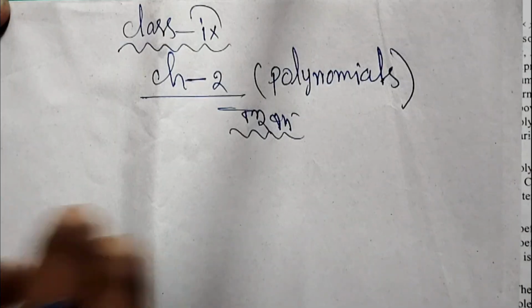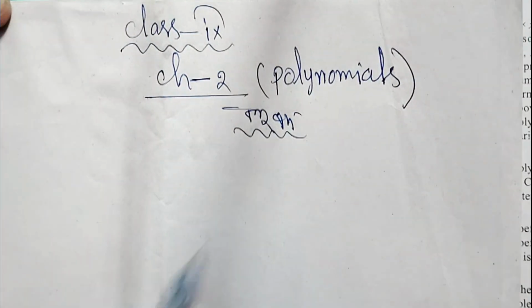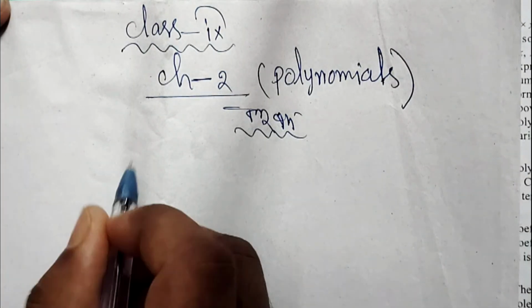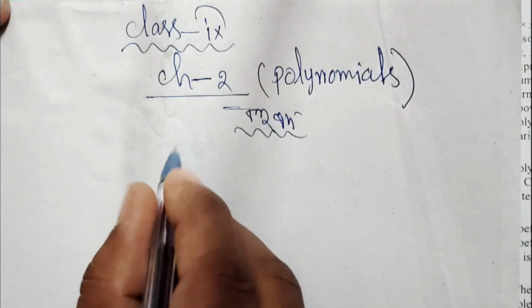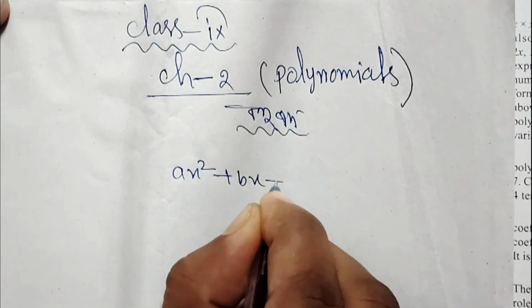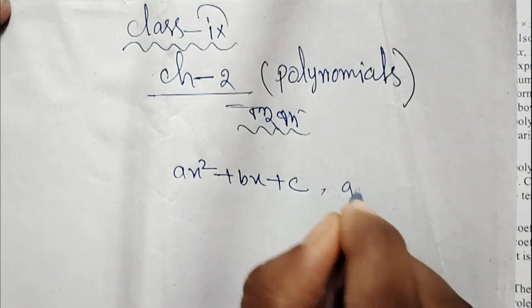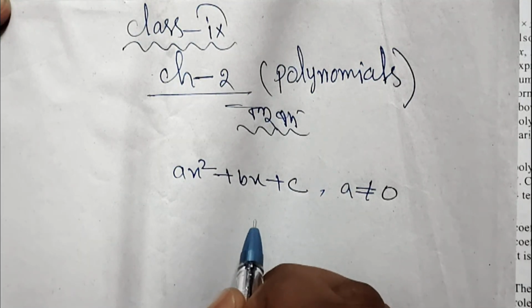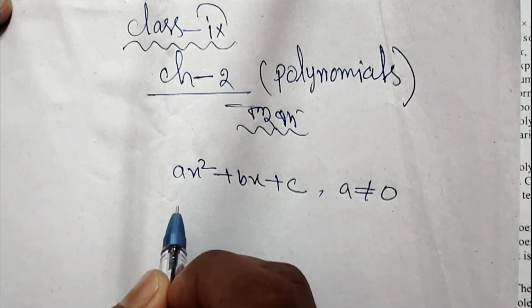So now you see what is the difference between polynomial and bahupad. So if I write a quadratic polynomial, then the general form is ax square plus bx plus c, where a is not equal to 0. I'll tell you all the basics, then we'll start the exercise.